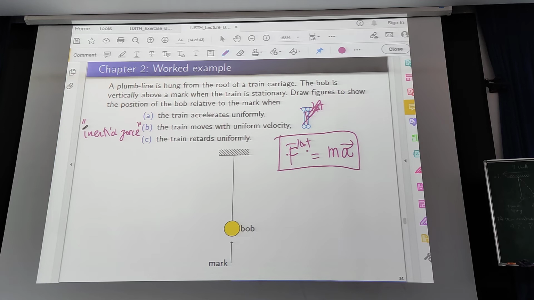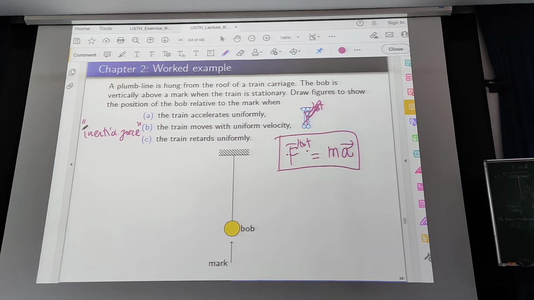And the definition for the inertial frame: you have the ground as the inertial frame. And the other frame moving with some acceleration with respect to the ground is not an inertial frame. If the frame is moving with a constant velocity with respect to the ground, then this frame is still inertial. Okay?